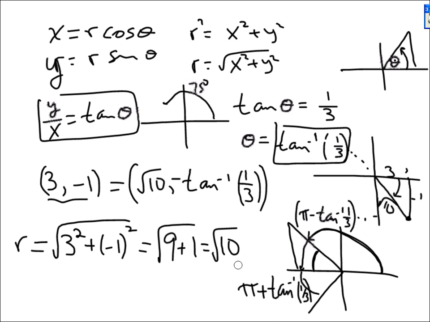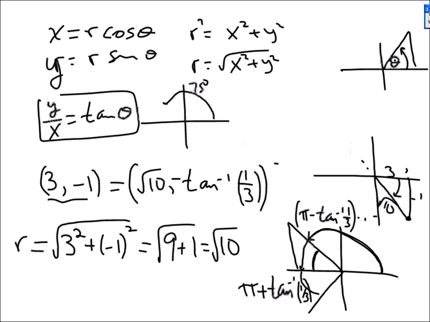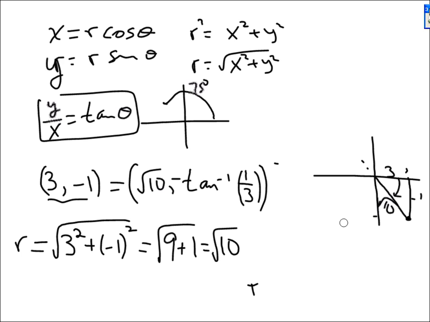Since the point they gave us was in quadrant 4, like our picture shows in the right corner now, it's going to be a pain in the neck to convert the 75 degrees into something in quadrant 4.